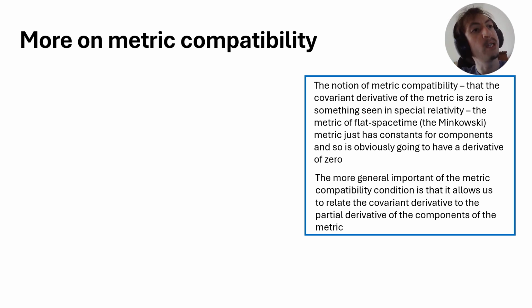But for our purposes right now, one thing it does that is really nice is it links the covariant derivative of a metric to the partial derivatives of the metric, and that's very useful because we can easily calculate the partial derivatives of a metric or the components of a metric. That's very standard.